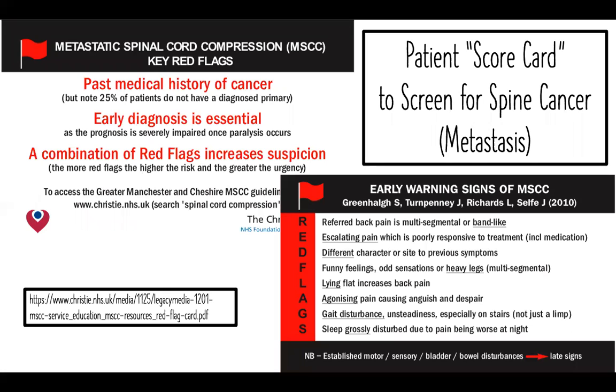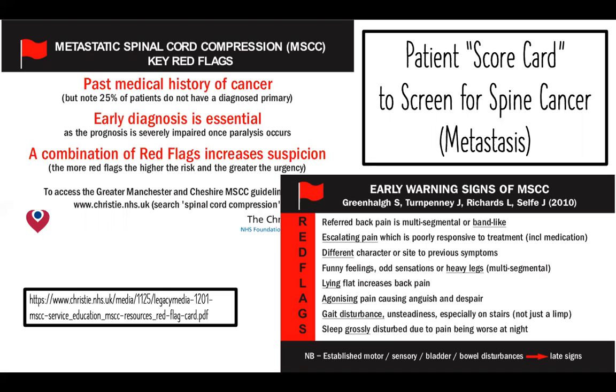So again, this is another really nice communication tool as we interact with our patients. If we have a suspicion, we want to perform watchful waiting as a physical therapist, but we want a safety net. So we want to educate our patients on what some of these signs or symptoms are to really look out for that they need to seek care for.